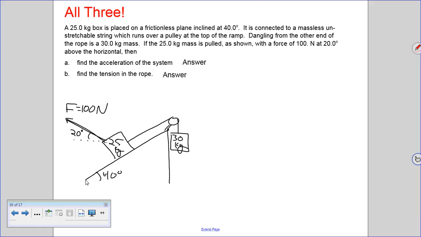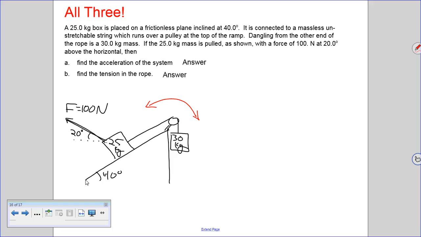And you can do that math real quick. Gravity is going to be almost 250, right? So there's no way this 100 newtons would lift it, right? So again, there are two possible ways that the object can accelerate. Maybe the 30 kilograms wins and it goes this way. Or maybe the 25 kilograms wins and it goes this way. We don't know. But those are our two possibilities, right?